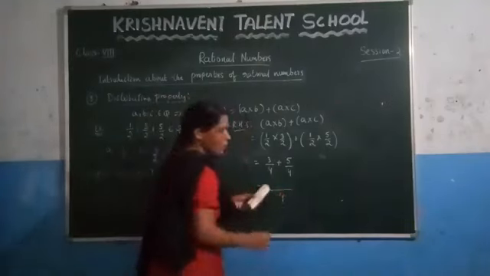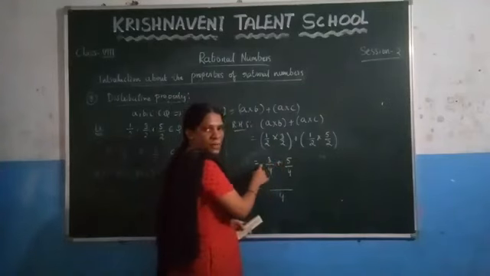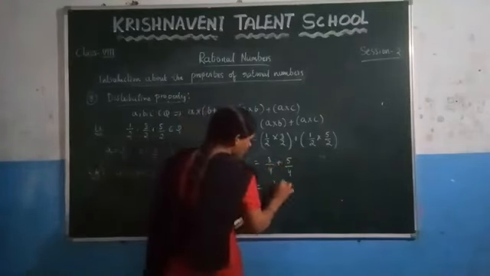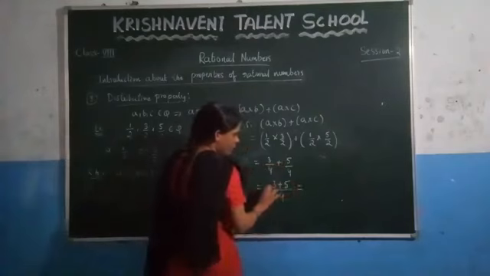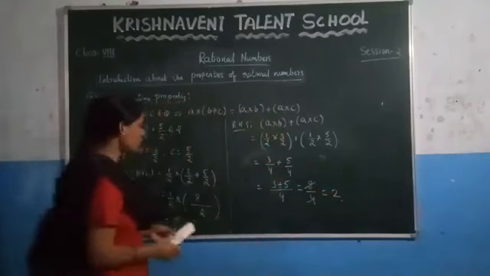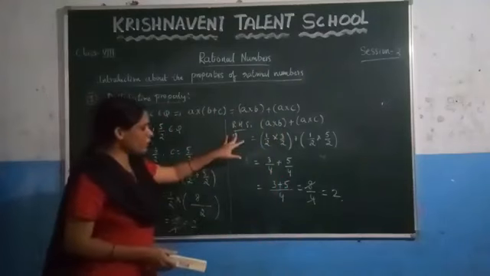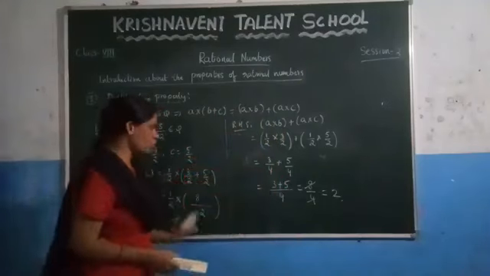Here take the denominator as 4. Now just add these numbers. 5 plus 3 is 8 by 4. After solving, you get 2. So if you take the LHS, you get the result 2, and if you take the RHS, you get the result 2.